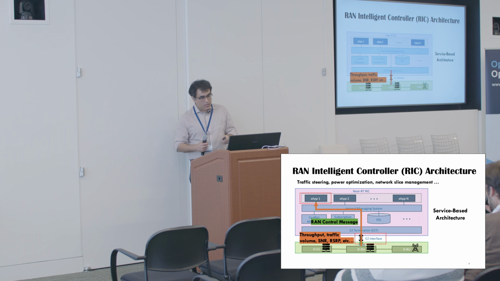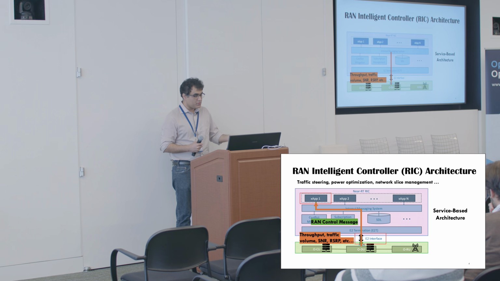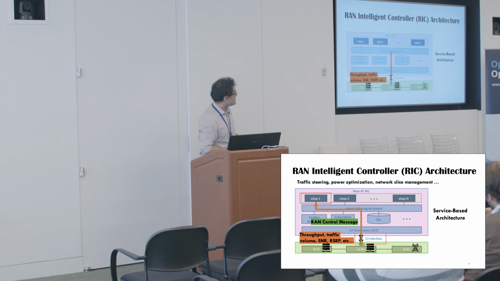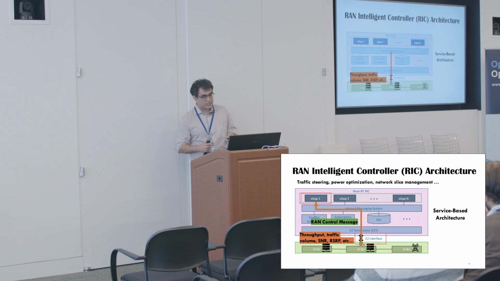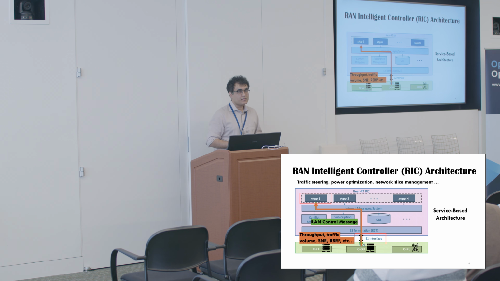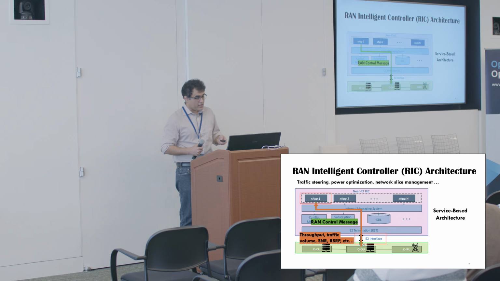All right. So, as I said, the real-time metrics are collected through the E2 interface. First, it routes to the E2 terminator, and then there are some internal components. The messages are routed, and finally it reaches the XApps or RApps, and the XApps and RApps make the decision and then give the control to the RAN nodes.